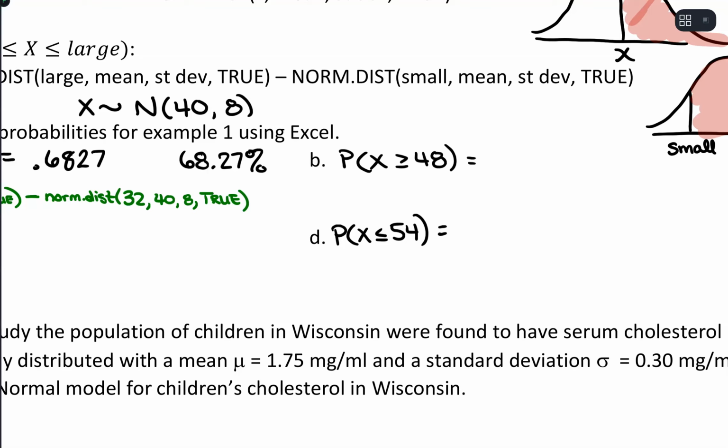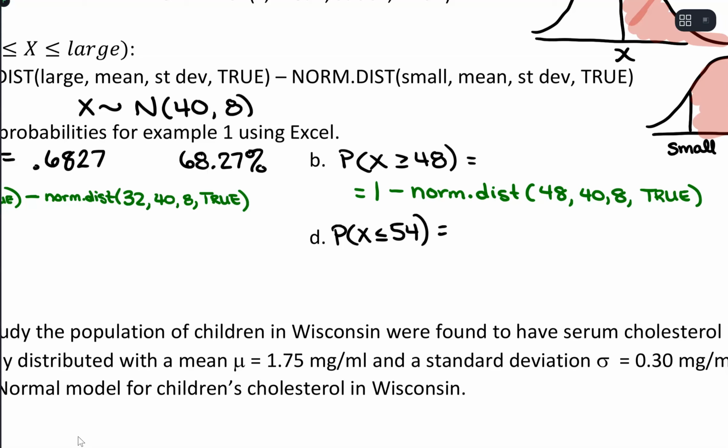So this is an area to the right-hand side, so we're shading above. So this is where we need to use the complement. So we're going to go 1 minus, and then we're going to go norm.dist. Our x value is that 48, mean of 40, standard deviation 8, true.